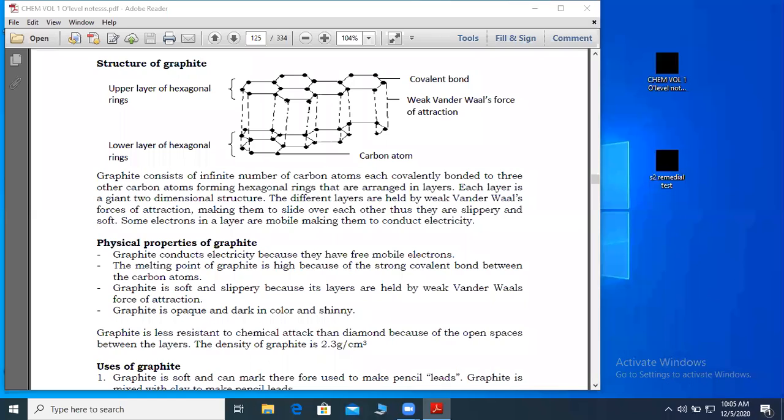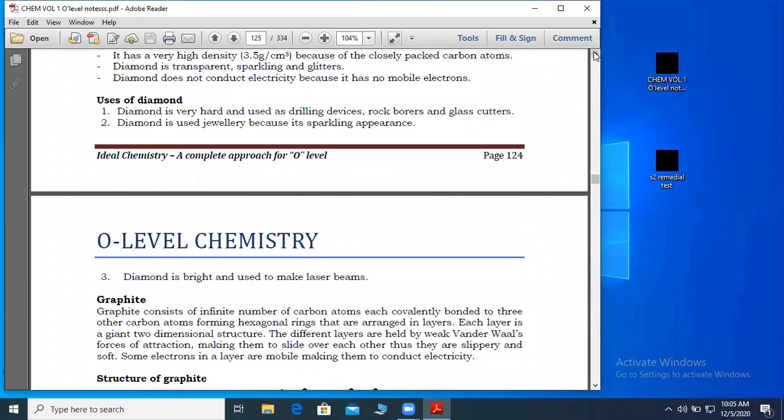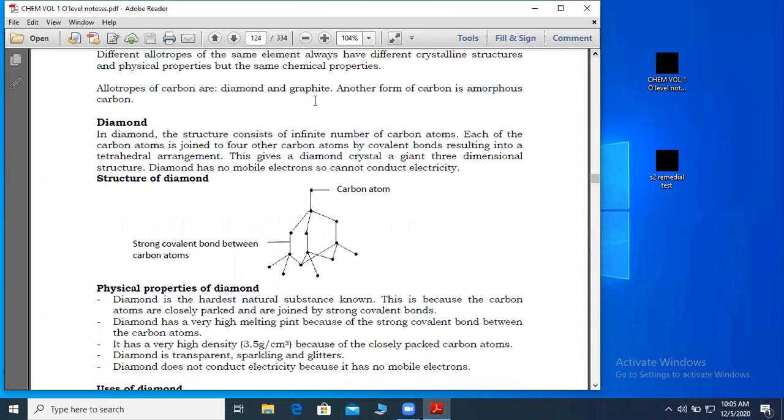So can you get a pen and a book and note the reason that I'm going to tell you? We saw it from the structure of diamond.